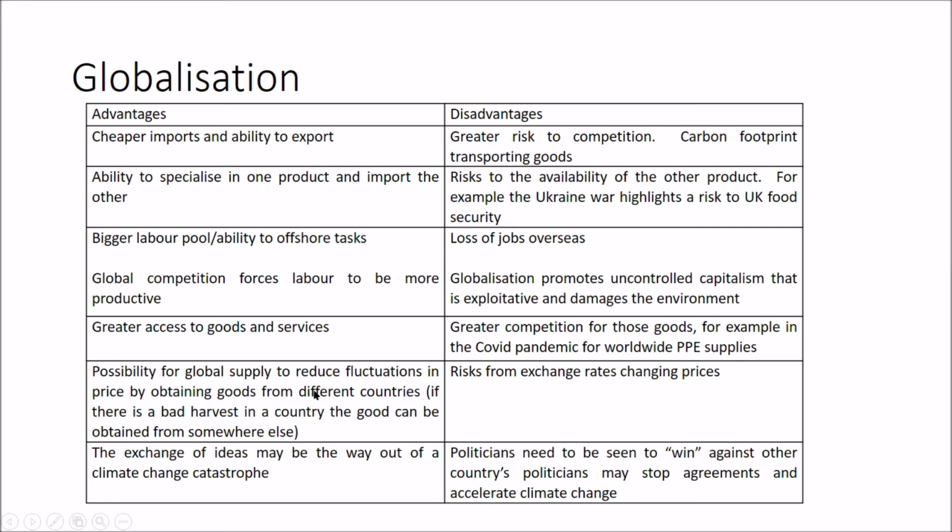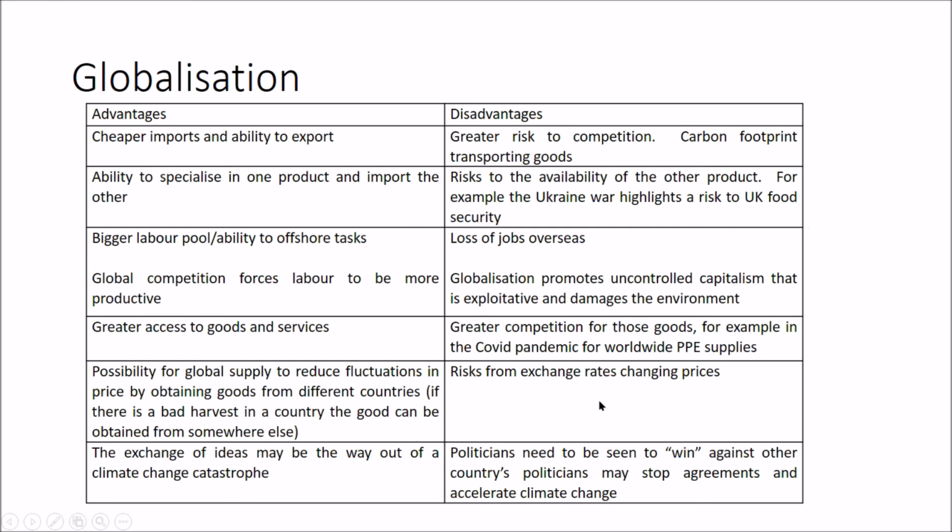So let's say we now have blueberries in October, and previously they would be from Scotland, and now they're from South America. And if there's a bad harvest in Scotland, then we can get them from South America. Actually, what happens is that we now get them from South America, and it's outcompeted the Scottish blueberry world. So in terms of competition, it's now not economic to harvest Scottish blueberries.